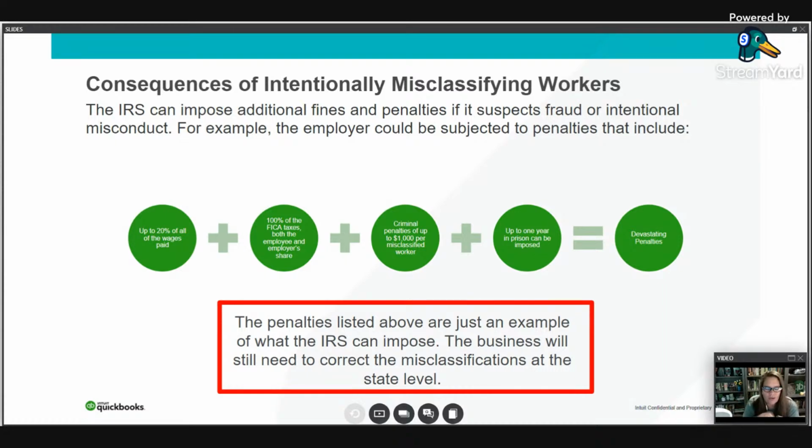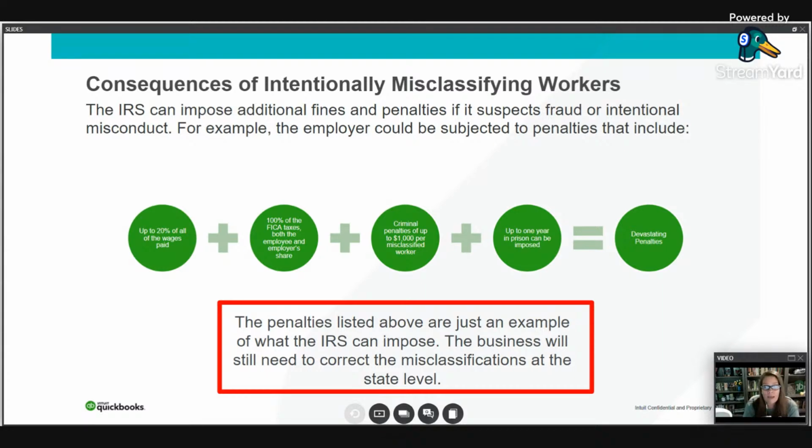For instance, the employer could be subjected to penalties that include 20% of all of the wages paid plus 100% of the FICA taxes, both the employee's and the employer's. That means if for 5 years an employer paid them as a contractor and did it knowingly, the IRS can come in and say, you know what? Not only do you have to pay your portion, the employer portion of Social Security and Medicare, you also have to pay the employee's portion of that.